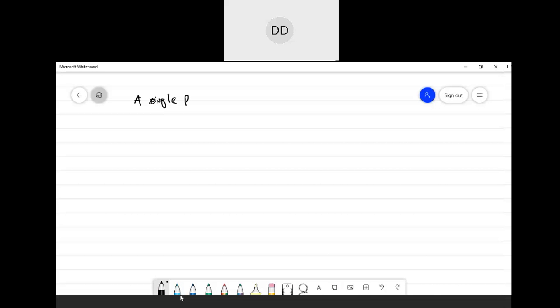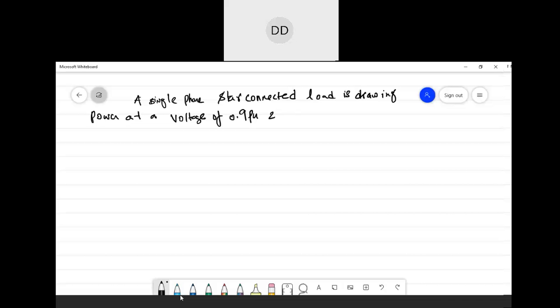A single phase star connected load is drawing power at a voltage of 0.9 per unit and 0.8 power factor lagging.